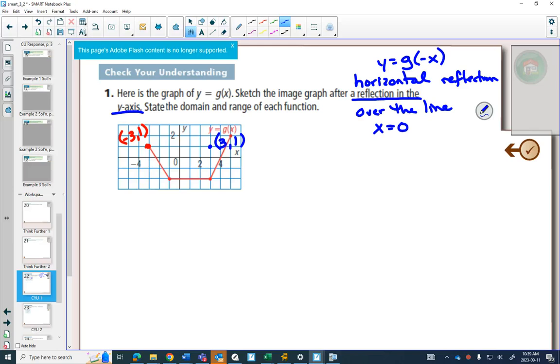For the rest of them, I take this point, reflect it over would be there. This point is 3 away from the y-axis, so reflected over would be 3 away on the other side. And this one's 5 away, so it'll be 5 away on the other side. And I connect my dots, and I have the reflection.